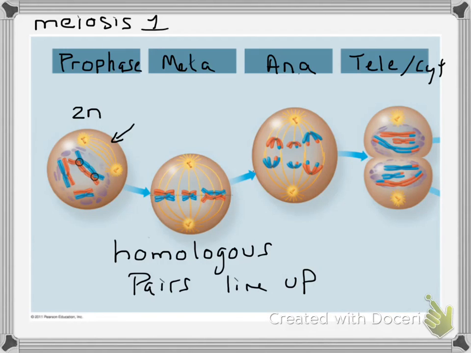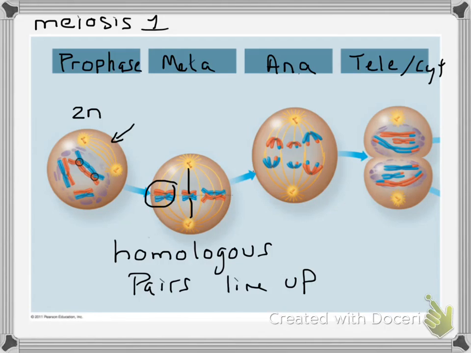The other thing we want to notice is that the spindle apparatus is binding to one sister chromatid of the combined pair of chromatids of the maternal chromosome, and one spindle is attached to the paternal chromosome. So we're not separating the two chromatids from each other, we're separating the two homologous chromosomes from each other. We can see this in each of these instances.